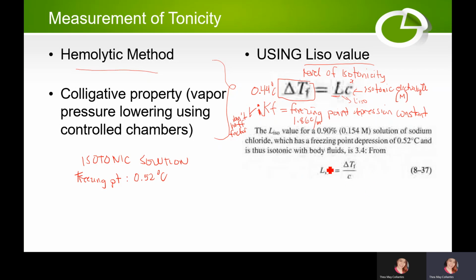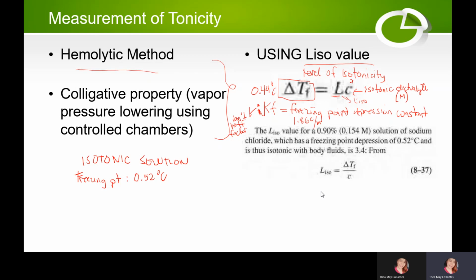But what we've shown here is just how we derive the LISO value of our standard, which is sodium chloride. So guys, the LISO value for a 0.90% solution of sodium chloride, which has a freezing point depression of 0.52, is thus isotonic with body fluid. It is actually 3.4. So that is our LISO, guys.